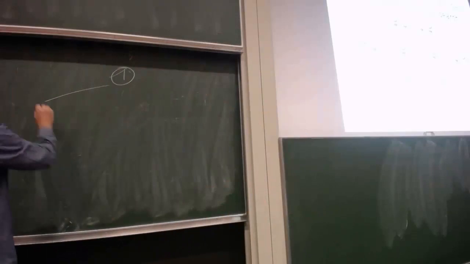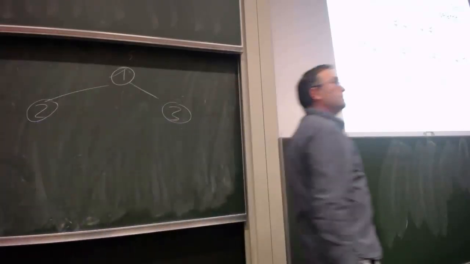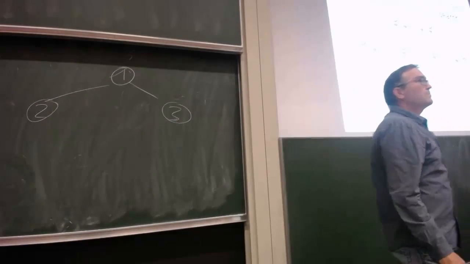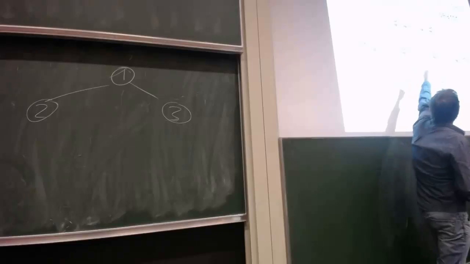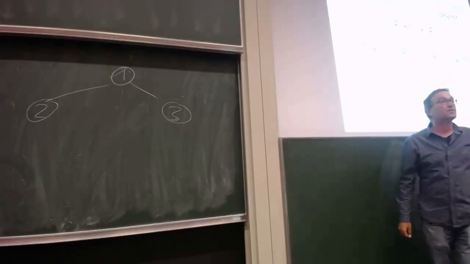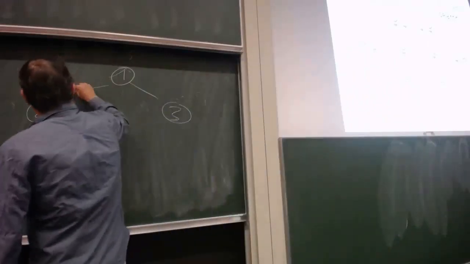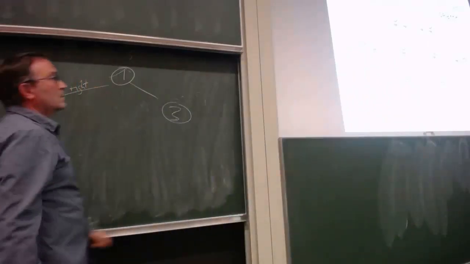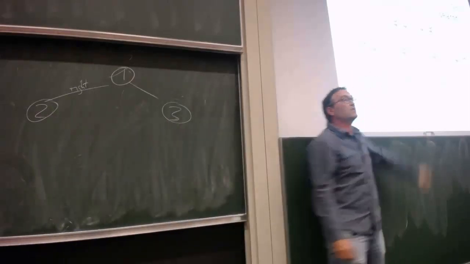Yes, we can get to 2 and to 3. Which action do you have to take to get from 1 to 2, the state on the right? Move right. And what do I have to do to get from number 1 to number 3 down here? I have to clean. So suck.